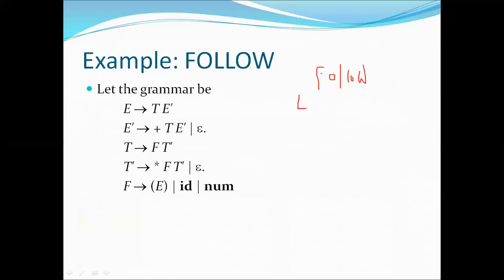First we need to calculate the follow for E. According to the first rule, E is a starting symbol, so dollar will be included in the follow. That is the first thing.